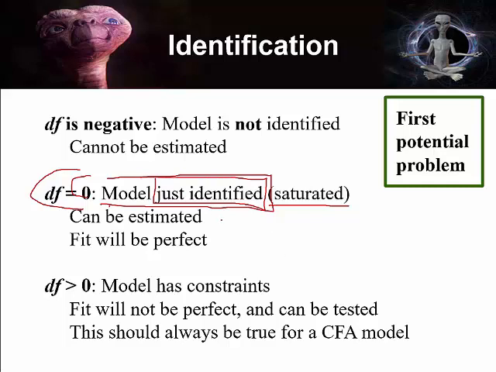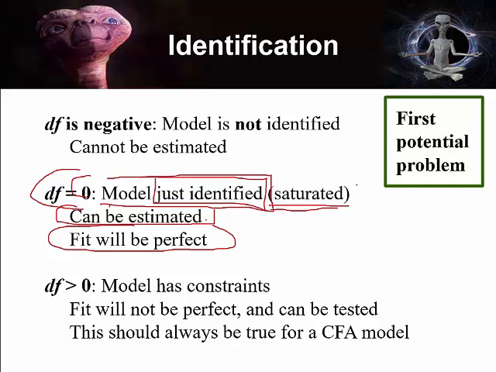Previously we talked about the fact that we can get parameter estimates for this type of saturated model, but it wouldn't be something we would use to test fit, because if our model is saturated, it will always produce a perfect fit. The reconstructed variance-covariance matrix will always be identical to the actual sample variance-covariance matrix when we have a saturated model. So we could use a saturated model to get parameter estimates, but we would not use this to test fit, because if the model is saturated, the fit would always be perfect.